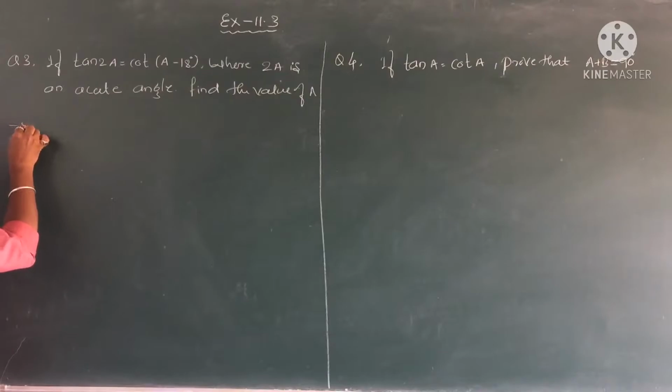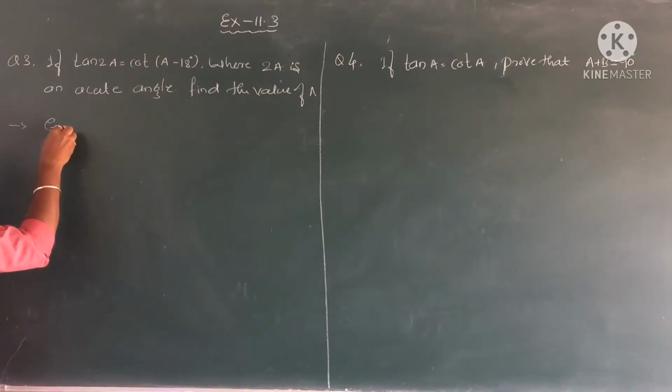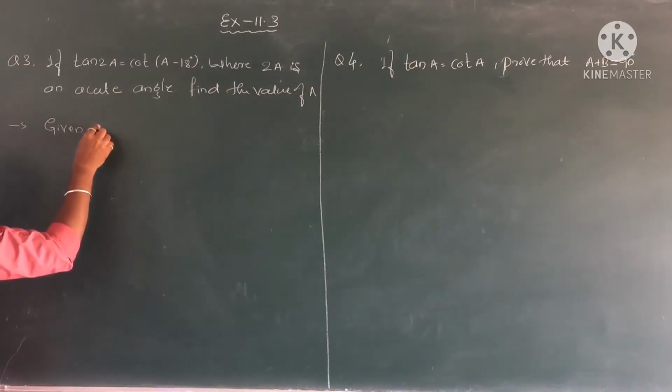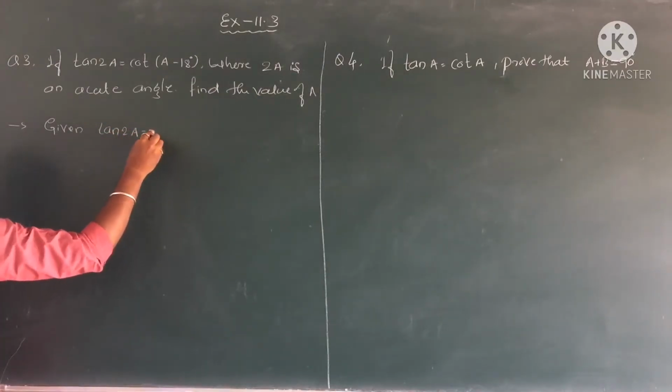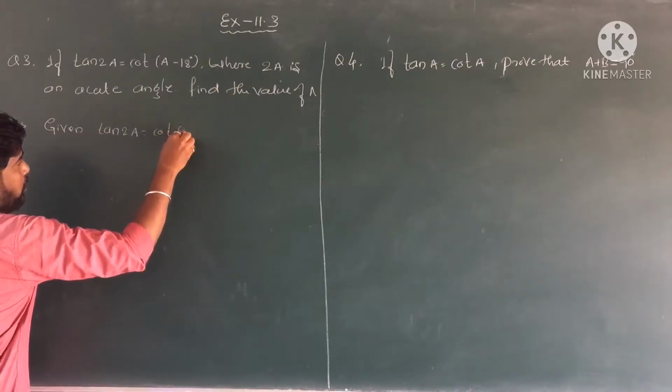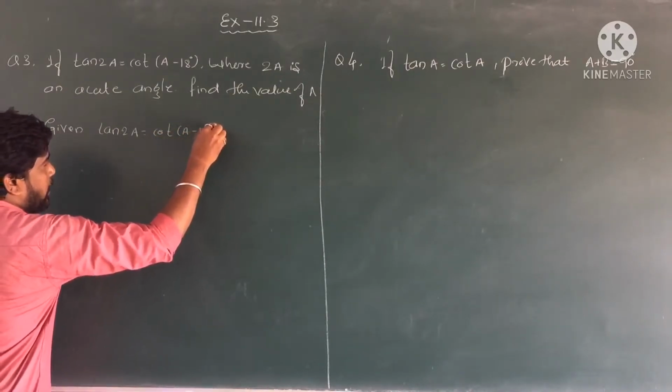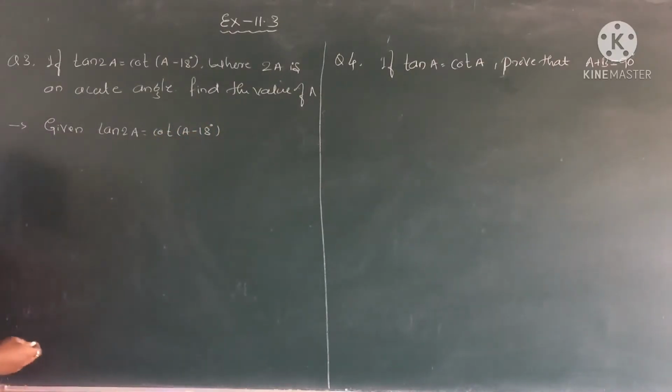So first write down given: tan 2a is equal to cot (a minus 18), right? And already we know that tan theta is equal to cot (90 minus theta).